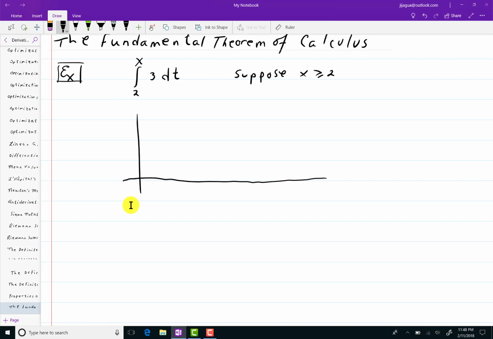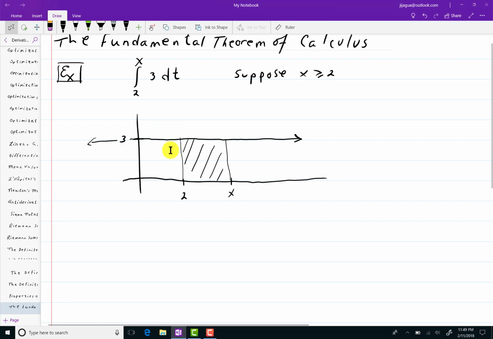If we were to graph the function that is just 3 on the interval from 2 to x, then I could mark a 2 here, say, and then an x here, and the value of the integral would map out the region in this rectangle. Well, what's the base of this rectangle and what's the height of the rectangle? We know the height is 3. The base is x minus 2.